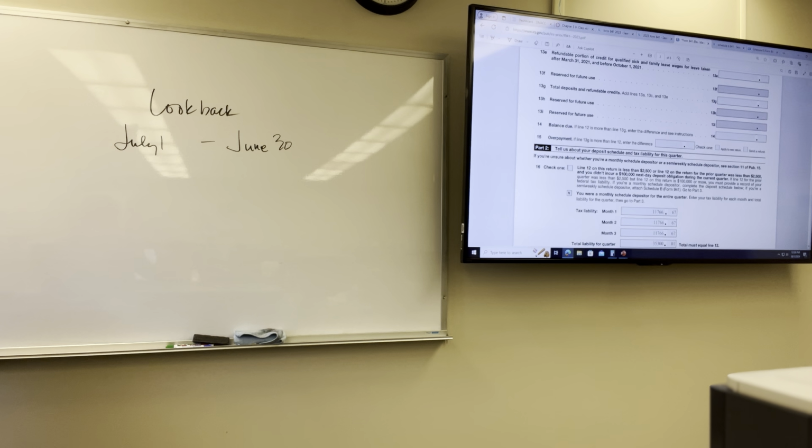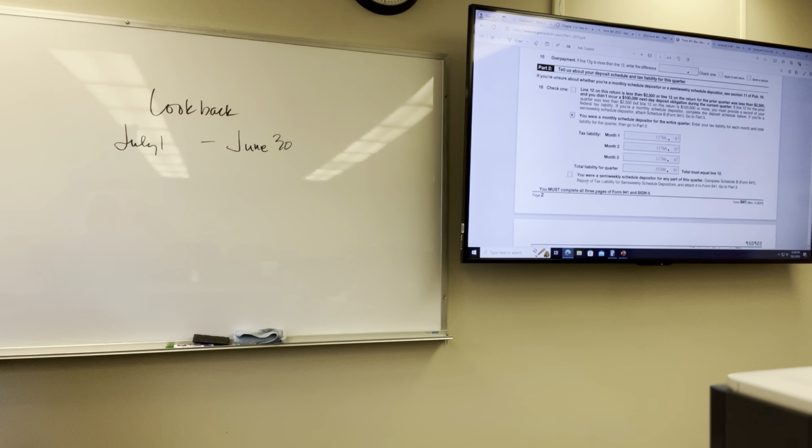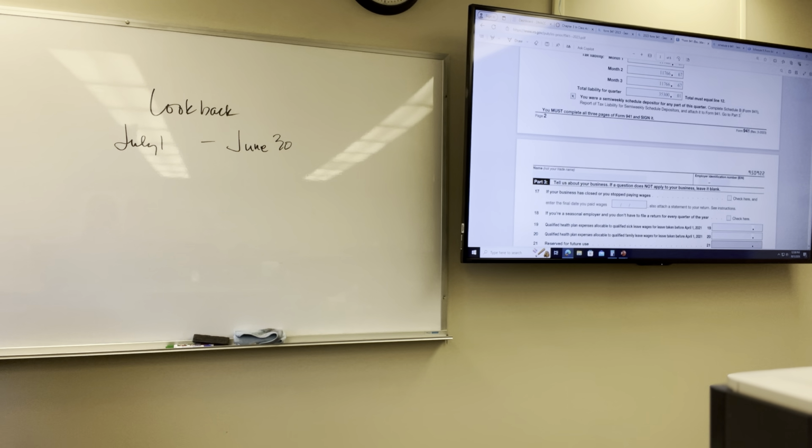And that says you can go ahead and pay this then with this return. If you check this box, monthly schedule depositor, you should have paid on that monthly schedule by the middle of the following month. If you were a semi-weekly schedule depositor, check this box, and it says to complete Schedule B.